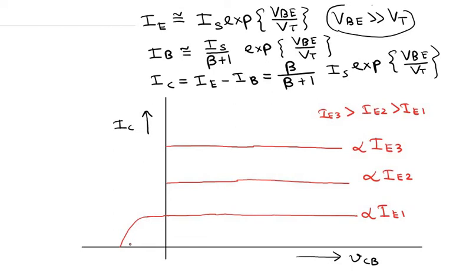So the collector current decreases, and beyond a certain point it gradually becomes zero.